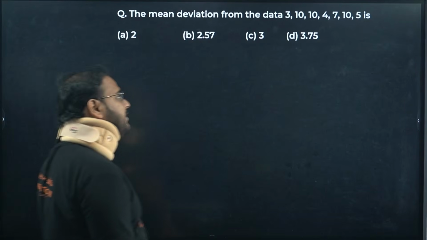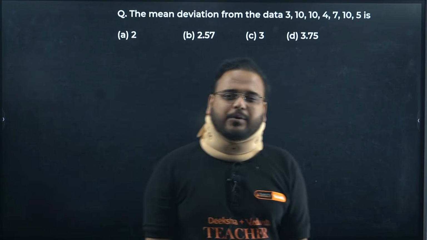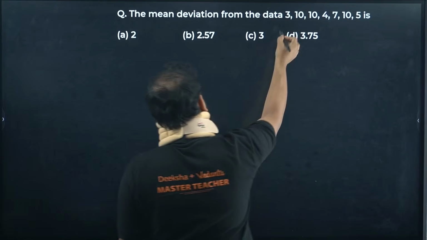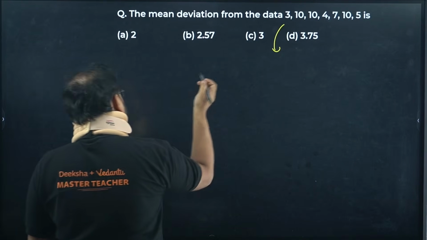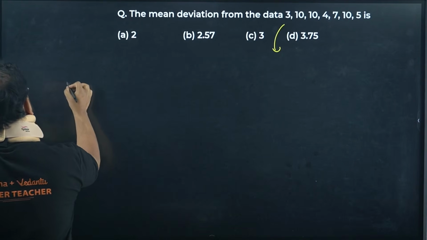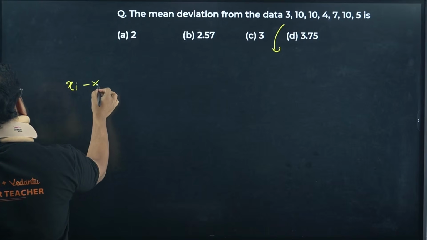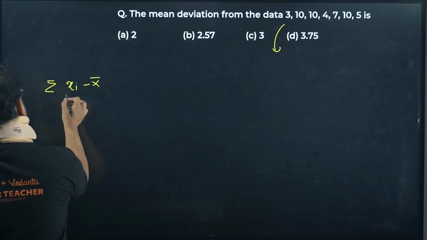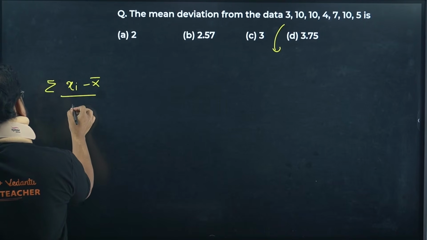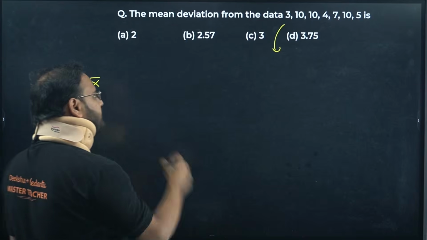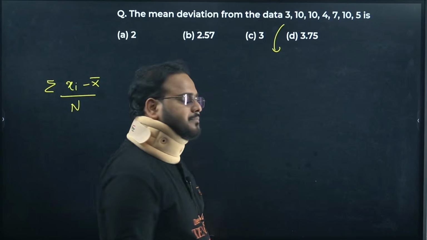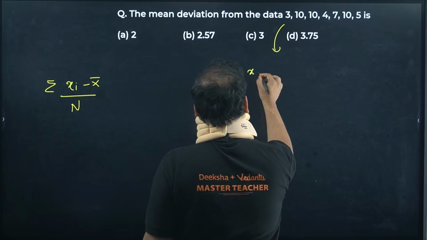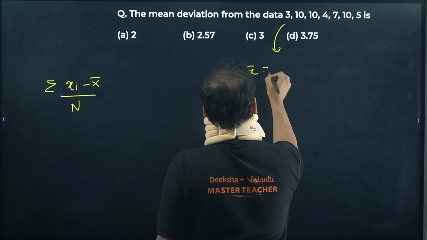The mean deviation of the data 3, 10, 10, 4, 7, 10 and 5. Very good question. The formula for this is the summation of the modulus of xi minus x bar, divided by n. Let's find x bar first, so we're going to find the mean first.